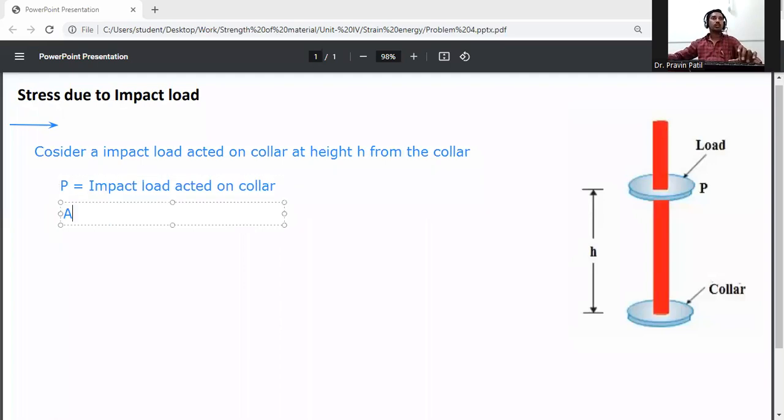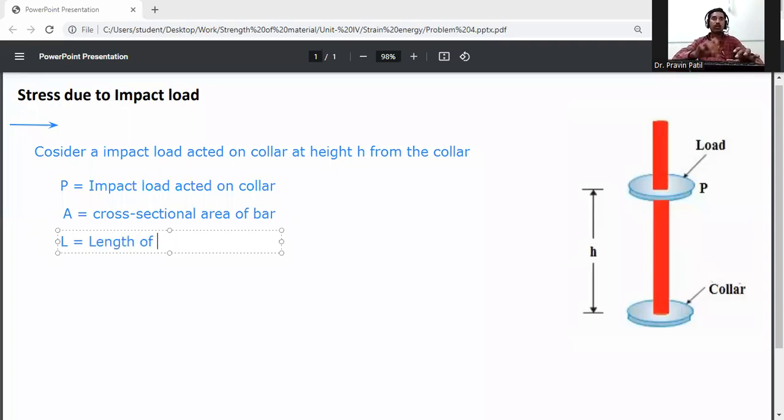A is the cross sectional area of bar. L is the length of bar.